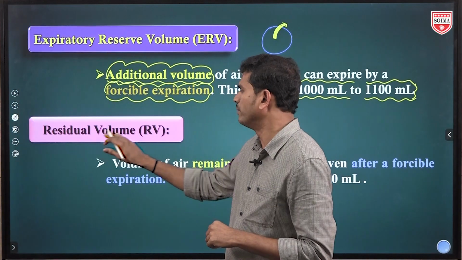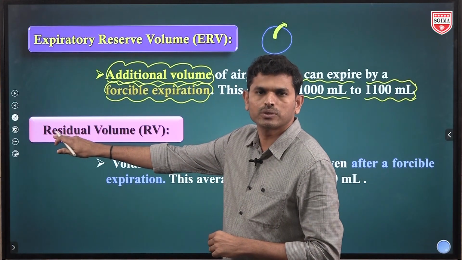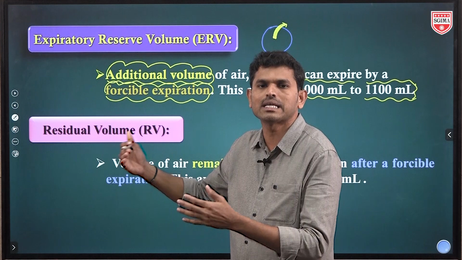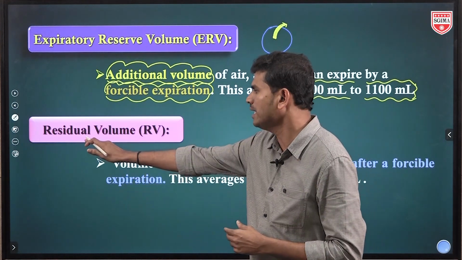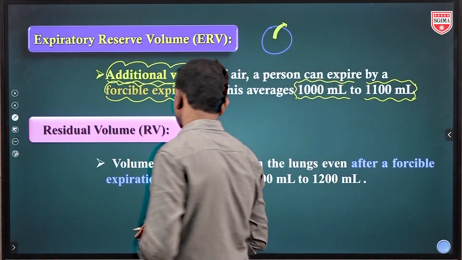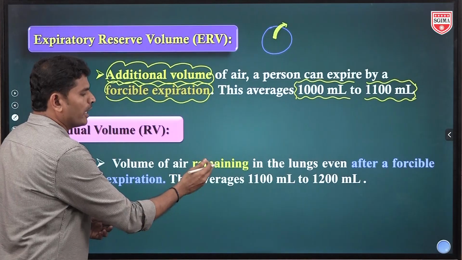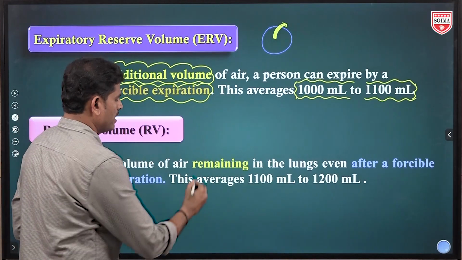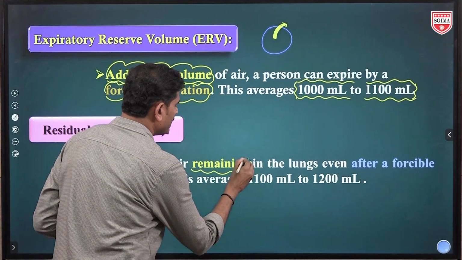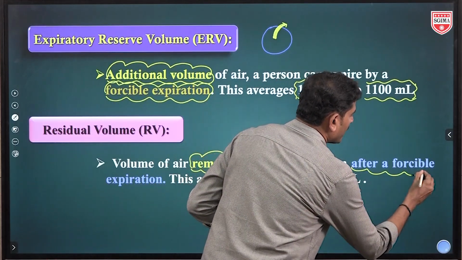Residual volume it is. As we know that residue meaning bole to kya hai? That which remains at last is known as a residue. So residual volume RV is equal to, कैसे define कर सकते हैं हम? Volume of air remaining in the lungs even after forceful expiration.